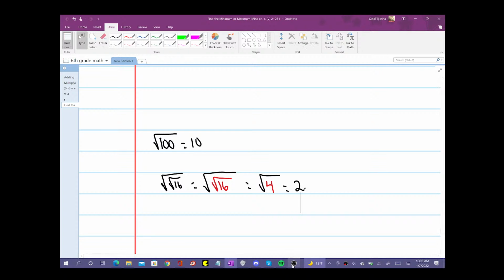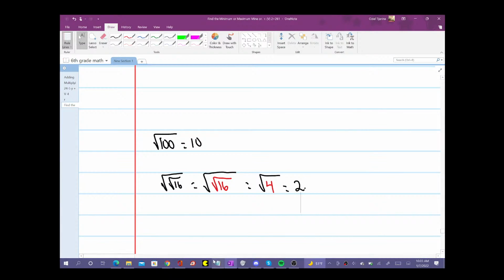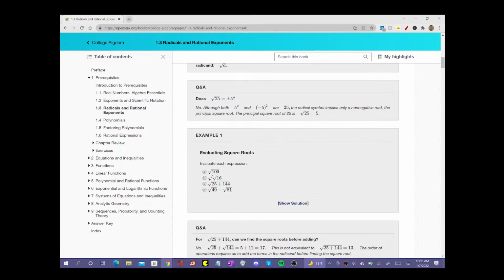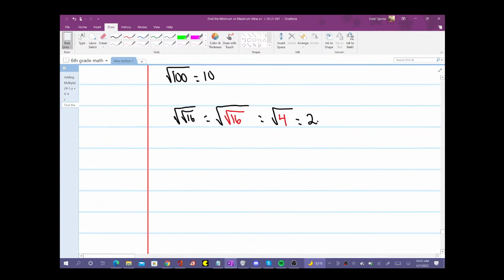Now, what about the square root of 25 plus 144?